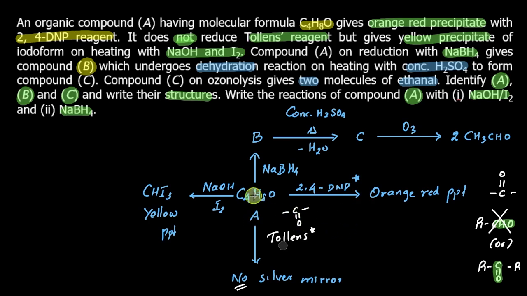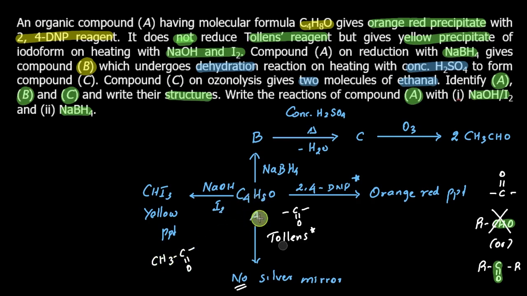Now this compound A, when it is treated with NaOH and I2, gives a yellow precipitate. This reaction suggests the presence of CH3C double bond O, which means that the ketone group C double bond O is adjacent to CH3. Clear?